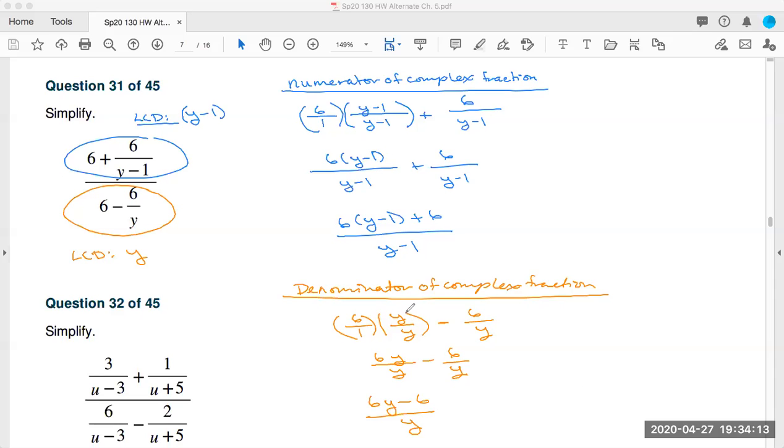Now, you see how the denominator of the complex fraction, we have 2 terms on top. We see that they can be factored, but we can wait on that. On the top, though, the numerator of the complex fraction, there's still stuff we can simplify up top. Expand using distributive property.